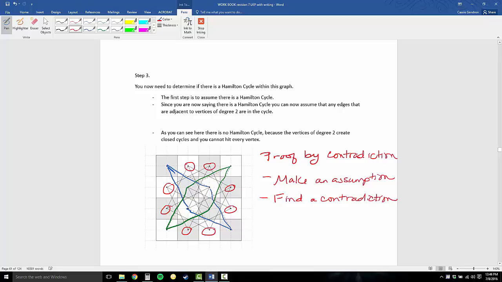So when I assume that there's a Hamilton cycle, I know that all my vertices of degree 2 have to be there. That way, I get a contradiction and know that I don't have a Hamilton cycle. I hope that makes sense.